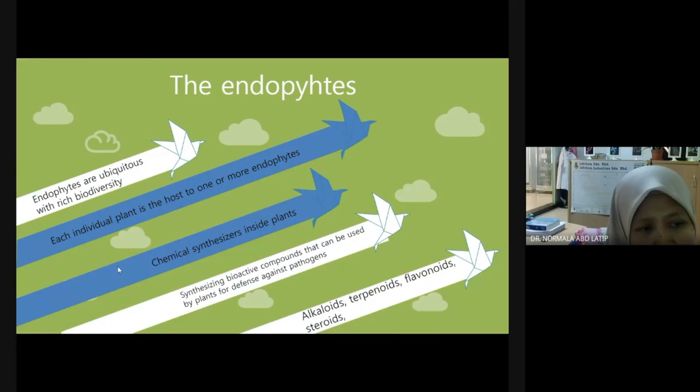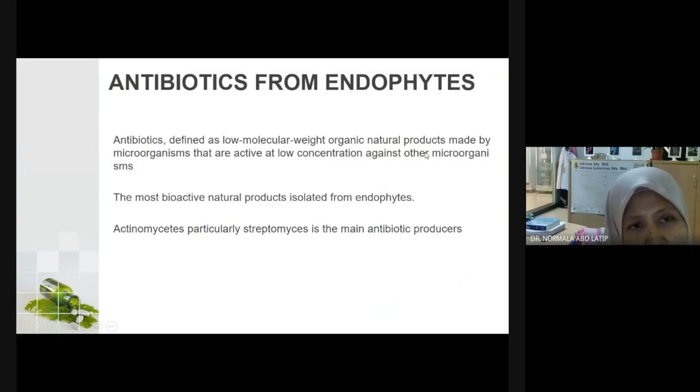This endophyte is a chemical synthesizer inside the plants, and they can synthesize bioactive compounds that can be used by plants for defense against pathogens. The endophytes also have a role in the production of alkaloids, terpenoids, flavonoids, steroids and others.